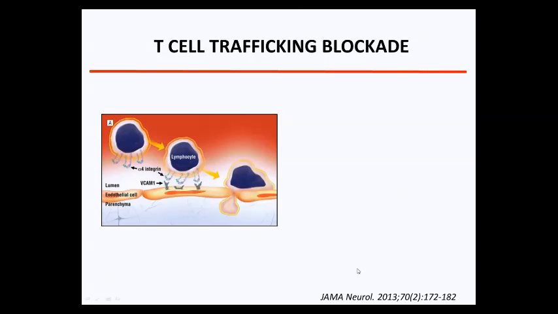So this is a cartoon. It's based on the central nervous system, where we have VCAM, the cell adhesion molecule, which is not the same for the GI tract. So you have here an activated leukocyte.